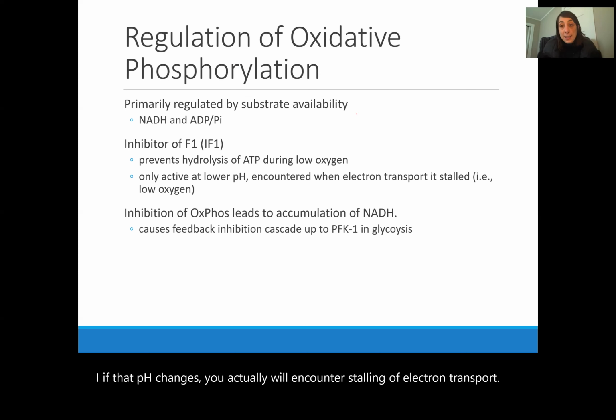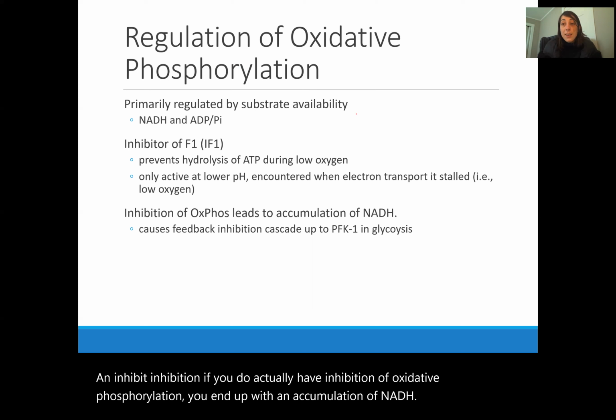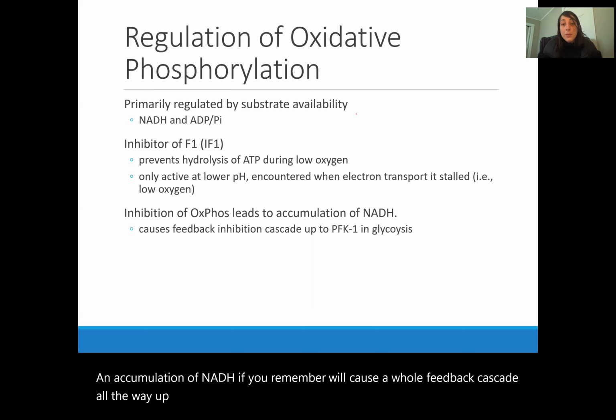Now, if you do have inhibition of oxidative phosphorylation, you end up with an accumulation of NADH. And an accumulation of NADH, if you remember, will cause a whole feedback cascade all the way up to glycolysis, all the way up to phosphofructokinase 1, right?